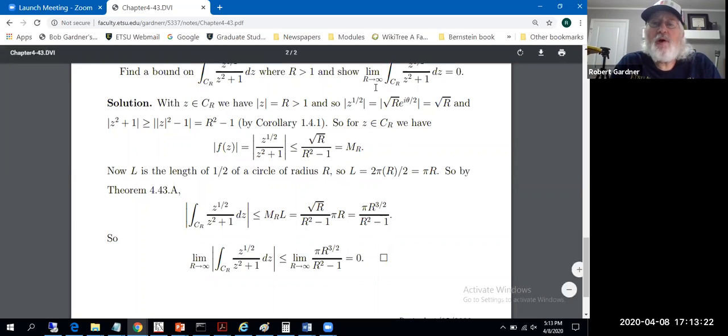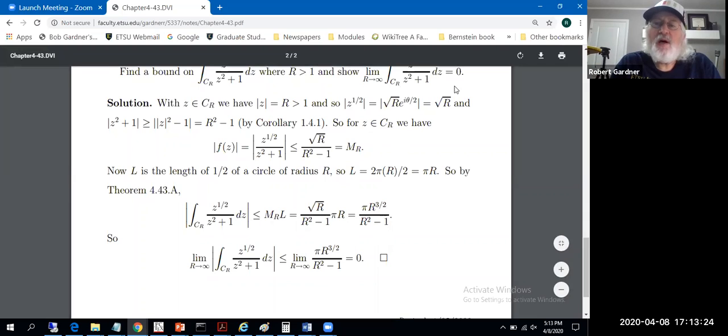Now they want us to show the limit as r approaches infinity of that integral equals 0. Well, the limit as r approaches infinity of the modulus is less than or equal to the limit as r approaches infinity of the upper bound, limits preserving inequalities. Then we've got r to the 3/2 in the numerator, and r squared in the denominator.